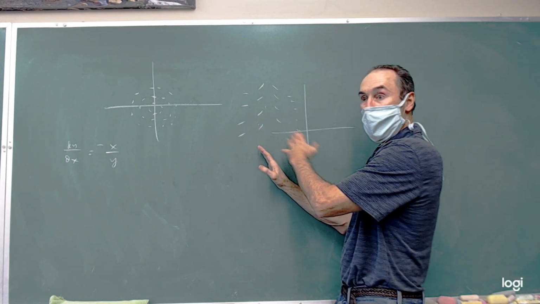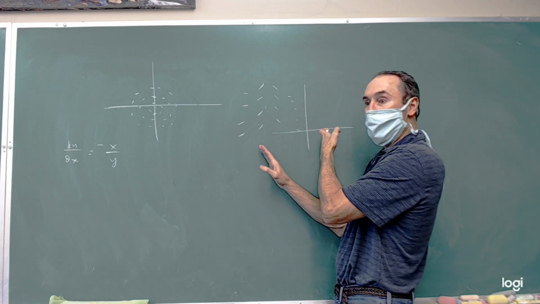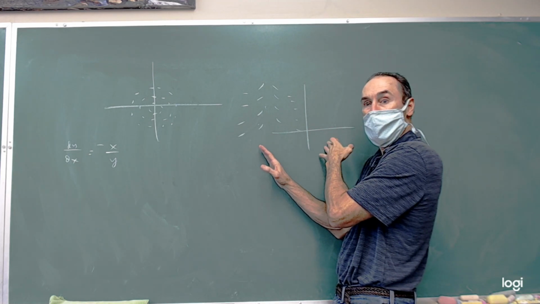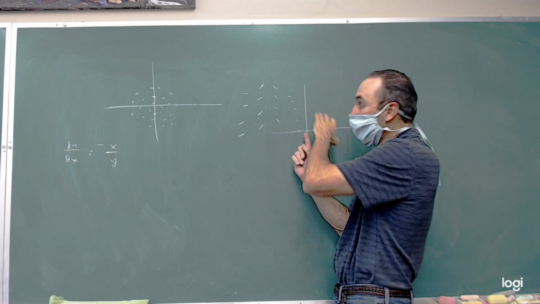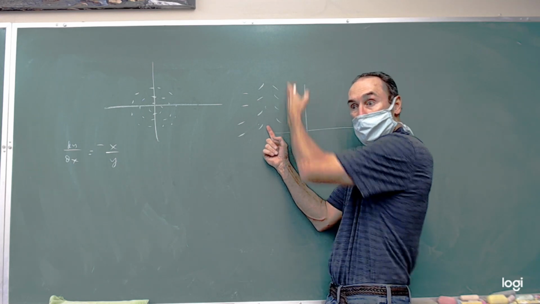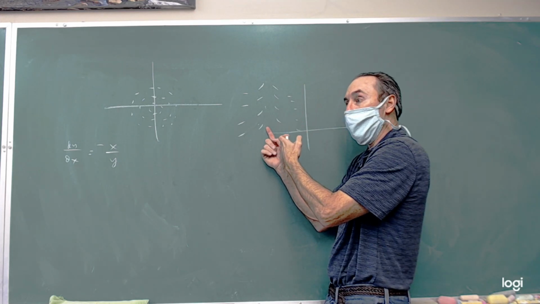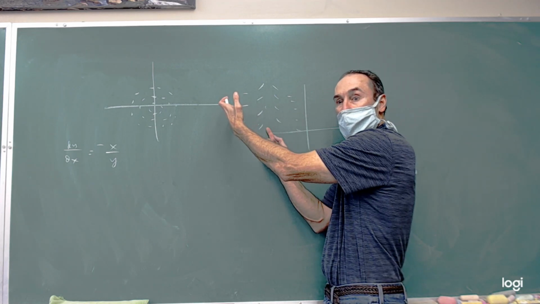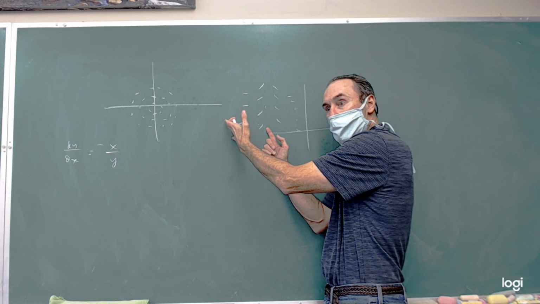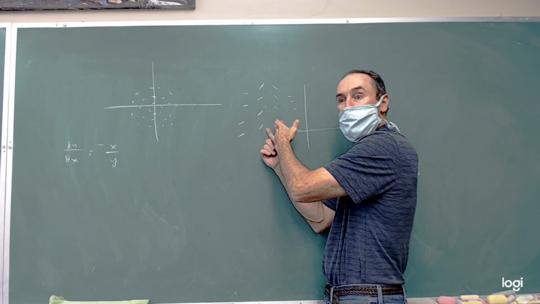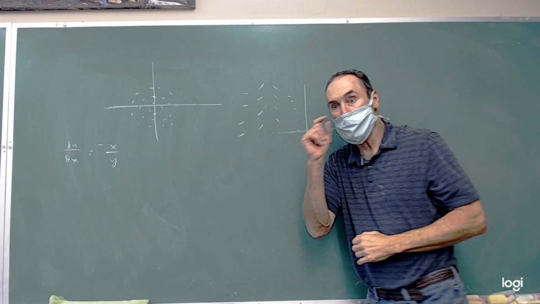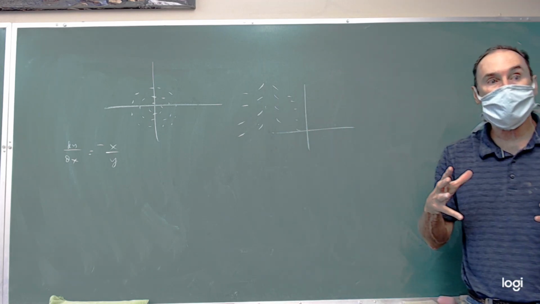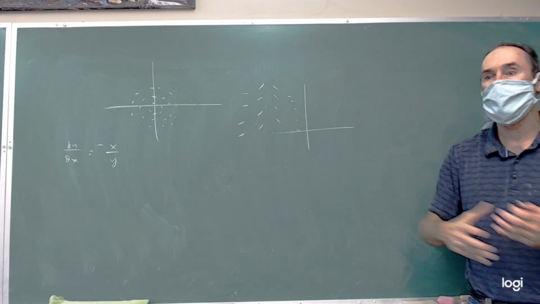If you get an initial condition over here, it's only going to be valid up until you get to that vertical asymptote, because that's a discontinuity. It's not valid over there. So you need a different solution with a different initial condition once you hit a discontinuity. A solution to a differential equation is only valid on a continuous domain.